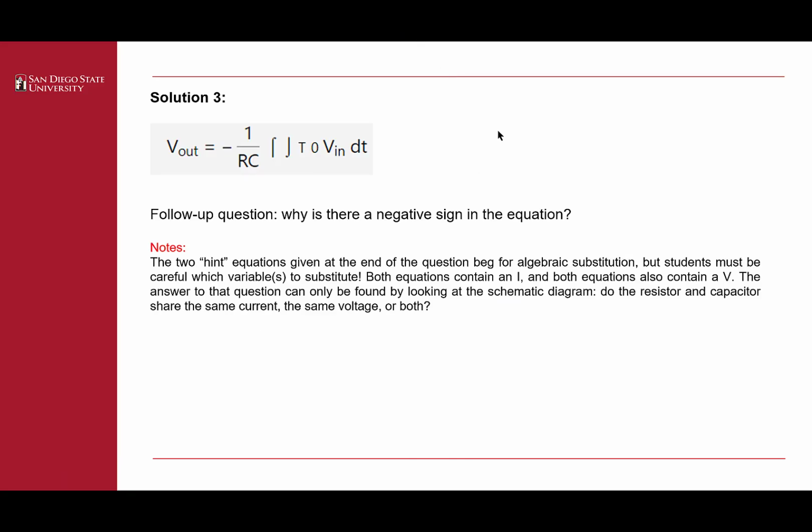The solution is Vout equals minus 1 over RC times the integral. This is also a single integral, from 0 to t, of the voltage input times dt. So this integral, when multiplied with minus 1 over RC, will give the result, which is the output voltage.